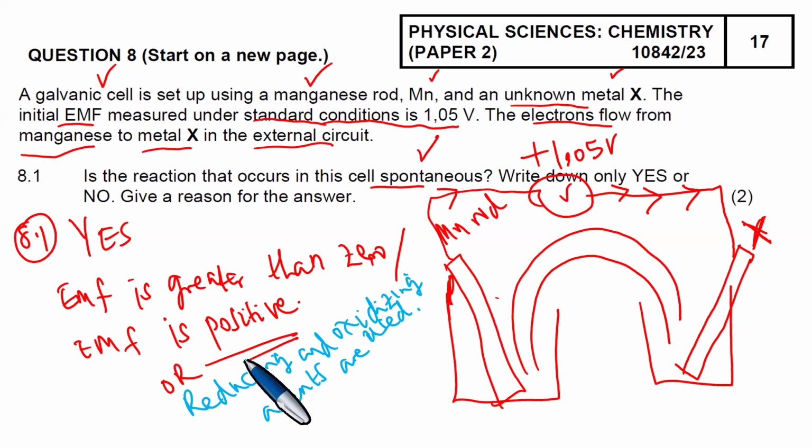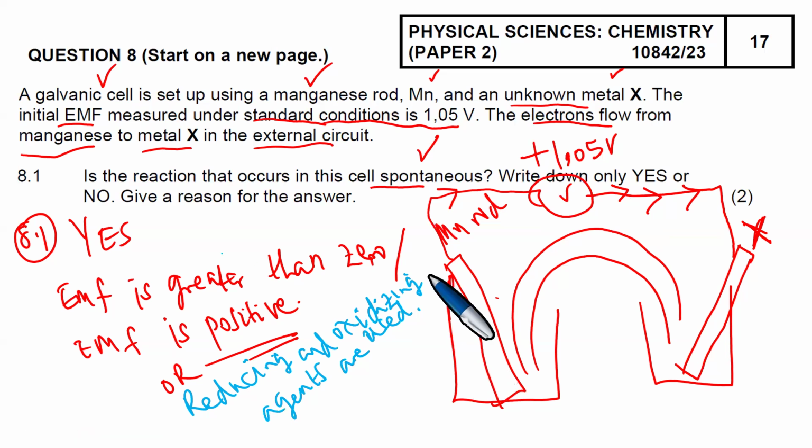Because the reducing and oxidizing agents are used, therefore at this point it is a spontaneous chemical reaction, and we're able to see a positive EMF, and therefore it is spontaneous. It is a spontaneous chemical reaction.